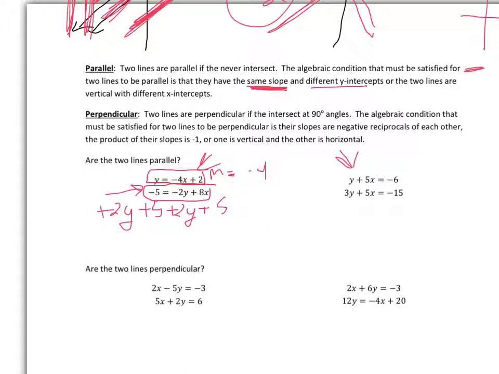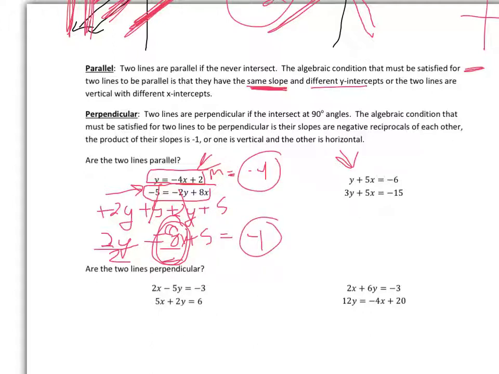So here we have our 2y, the 5's cancel, the 2y's cancel. We have 8x plus 5. Now to solve this for y, divide everything by 2. This right here is our slope. So 8 divided by 2 is 4. This slope is -4. This slope is +4. Well, if one is positive and one is negative, they're definitely not parallel, so the answer to this one would be no. A resounding no, they are not parallel.